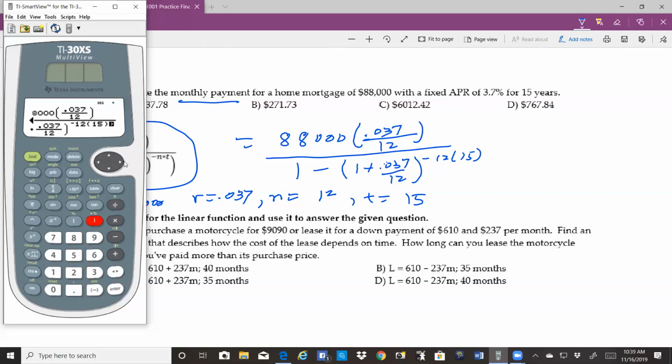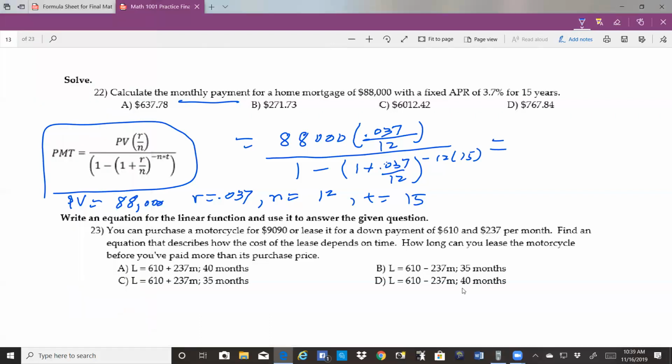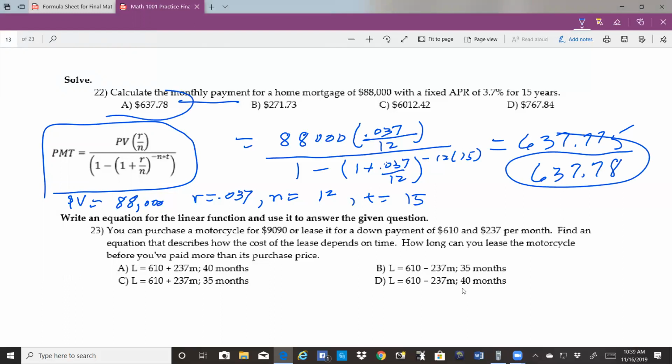And now you can calculate it, and we get 637.775, which is 637.78 per month, which is answer A. When you're doing this on the test, I would check it twice. It helps a little bit to have a multiple choice test here.